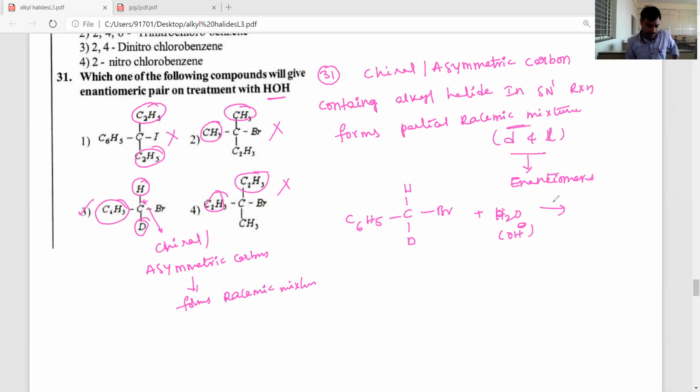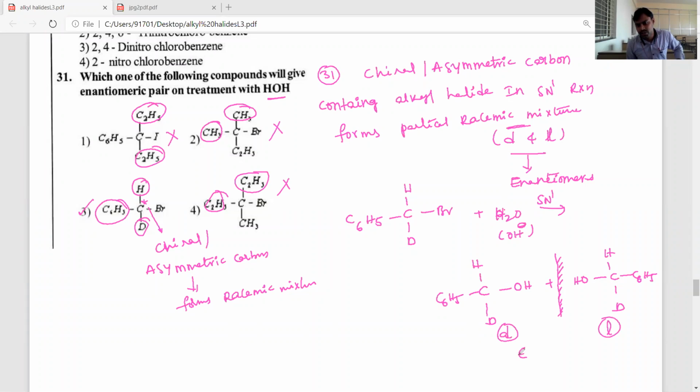Now it undergoes the SN1 mechanism and produces OH on the front side with H, D and C6H5, plus OH on the back side with H and D. What is the relation? This relation is non-superimposable mirror images, D and L. These are enantiomers.